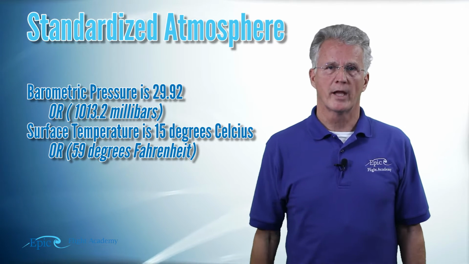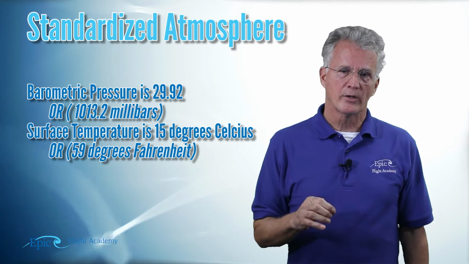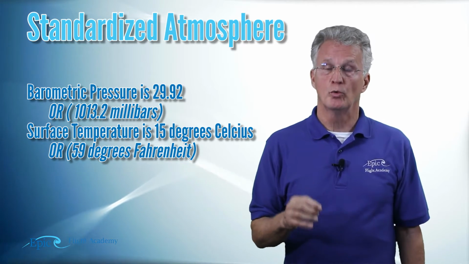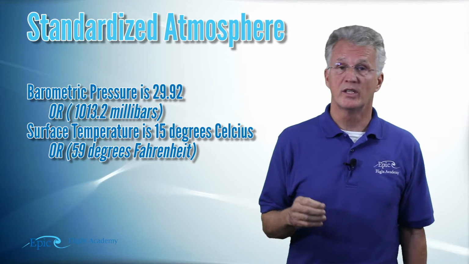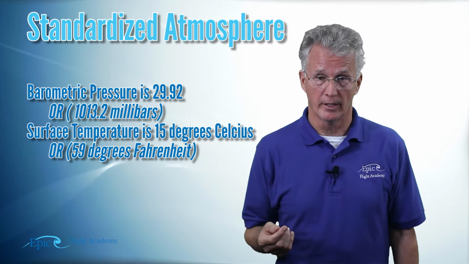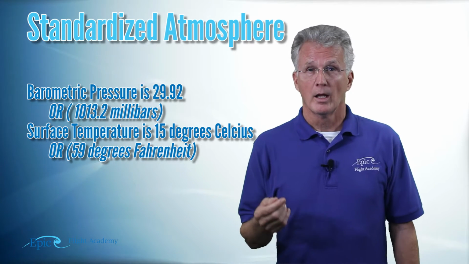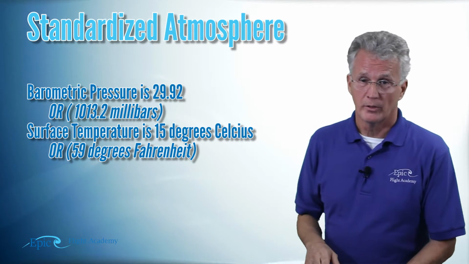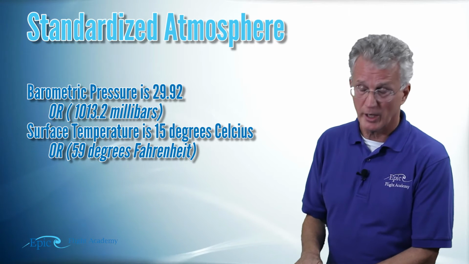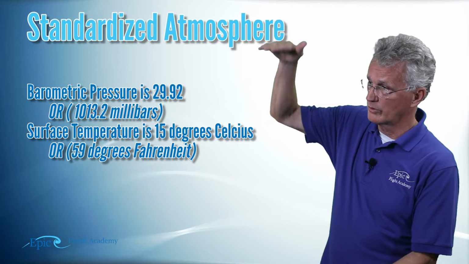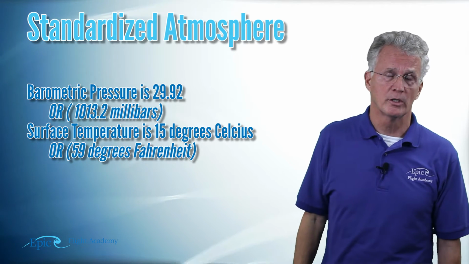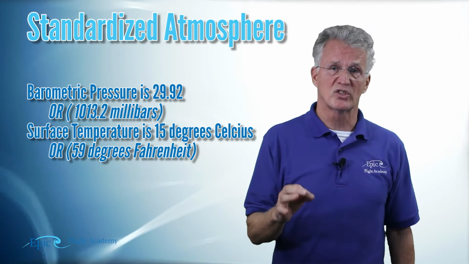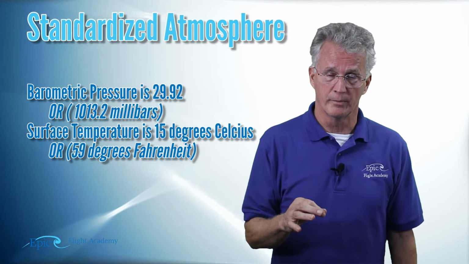Other measurements for that would be 1,013.2 millibars of pressure, or 59 degrees Fahrenheit. In that atmosphere, the change in pressure from the surface to outer space can change dramatically with atmospheric conditions. Again, we have a standard reference point.